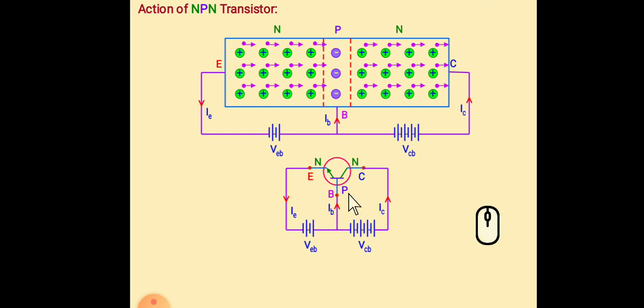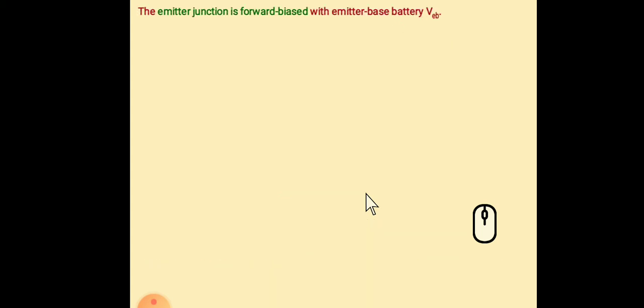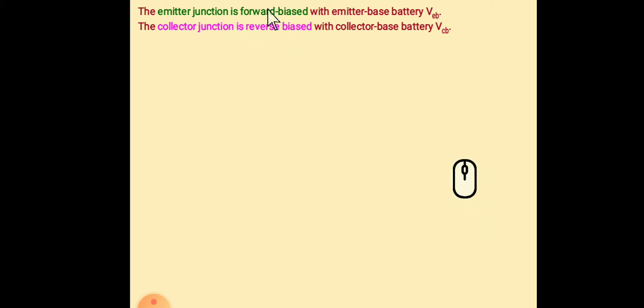Always we have to remember that this collector base is always reverse bias and emitter base is always forward bias, and this type of transistor is called common base transistor because base is common to both input and output. So here the point, the emitter junction is always forward bias and collector junction is always reverse bias.